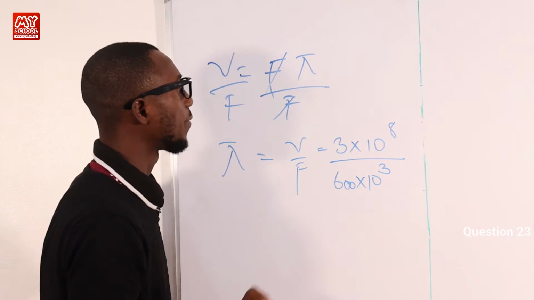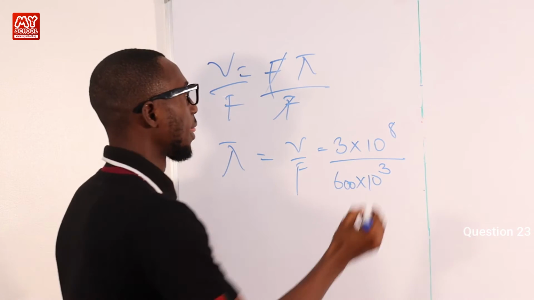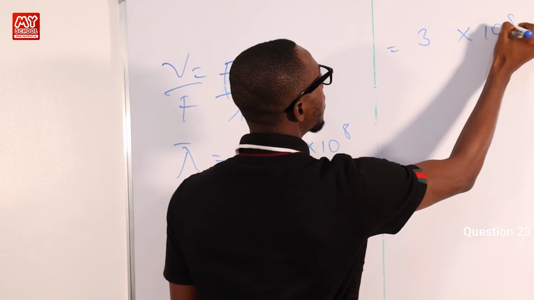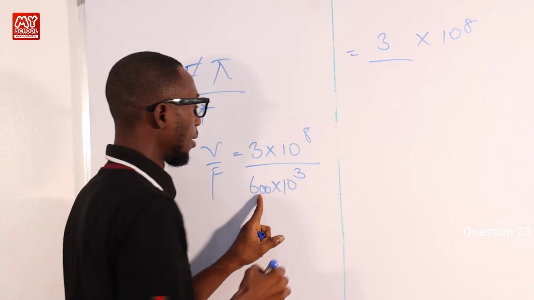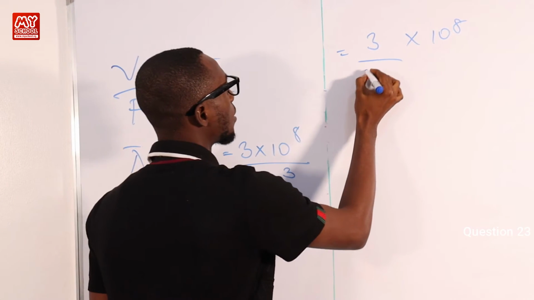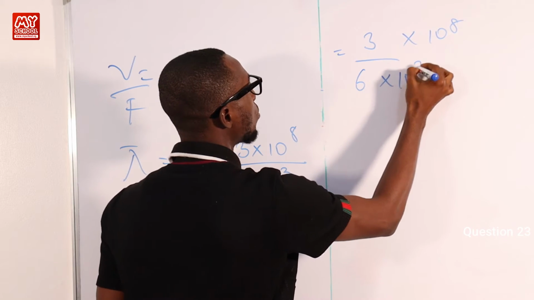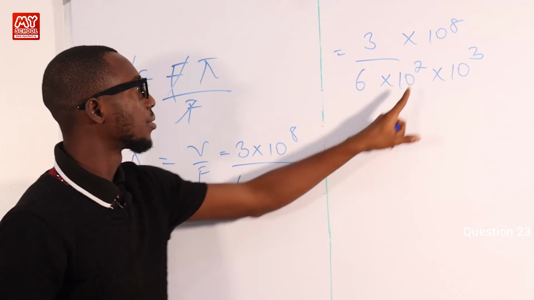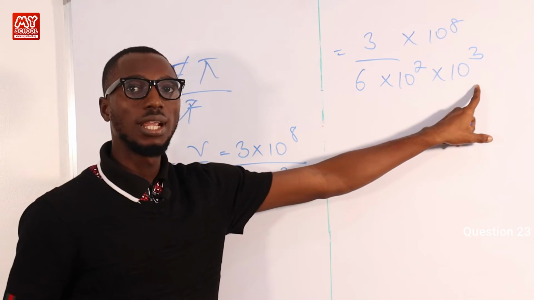If I want to simplify this further, I will say 3 times 10 raised to power 8 over, converting to standard form, 600 means 6 times 10 raised to power 2, times 10 raised to power 3 for the kilo.